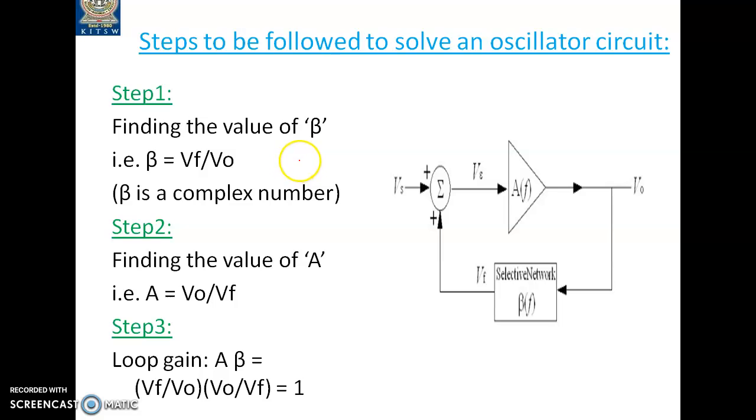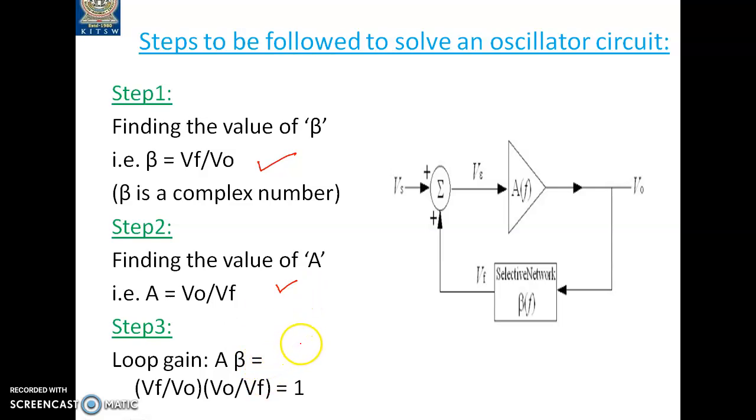To analyze the circuit, we follow these important steps. The first step is to calculate the value of beta, the feedback gain, which is given by the ratio of Vf and V naught, a complex number. After calculating beta, we calculate the amplifier gain A, which is V naught by Vf, pretty straightforward.